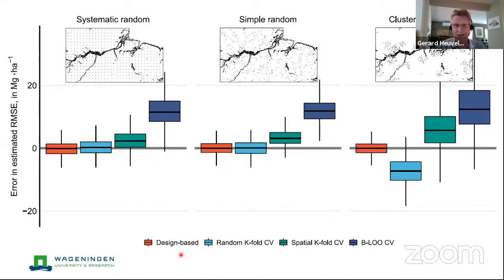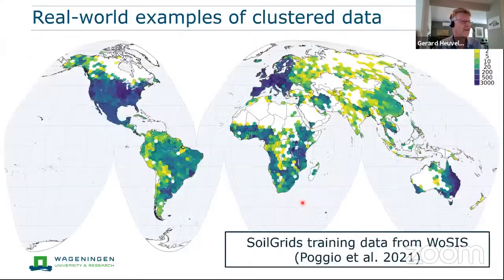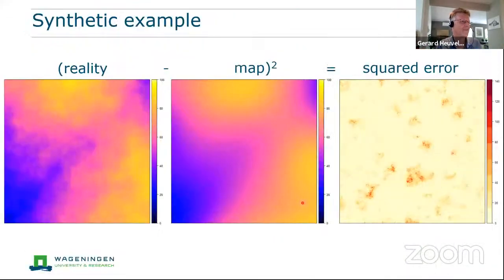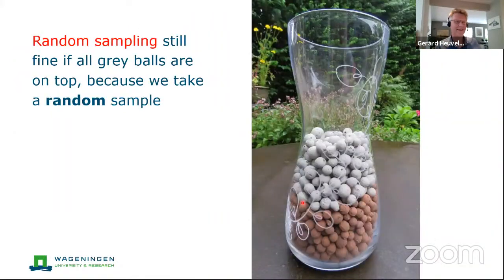Like I tried to explain in the starting example, if this is our population, half of the balls, the gray ones, are on top of the red ones. If we take a random sample, we still get an unbiased estimate. So no matter what the structure is, it makes no assumptions whatsoever about the spatial structure. It always works because the sampling is random from the population.